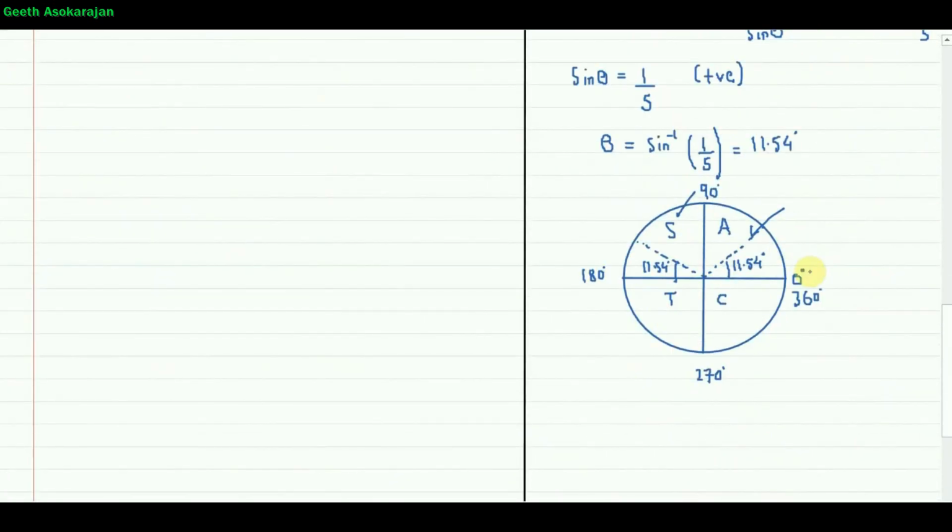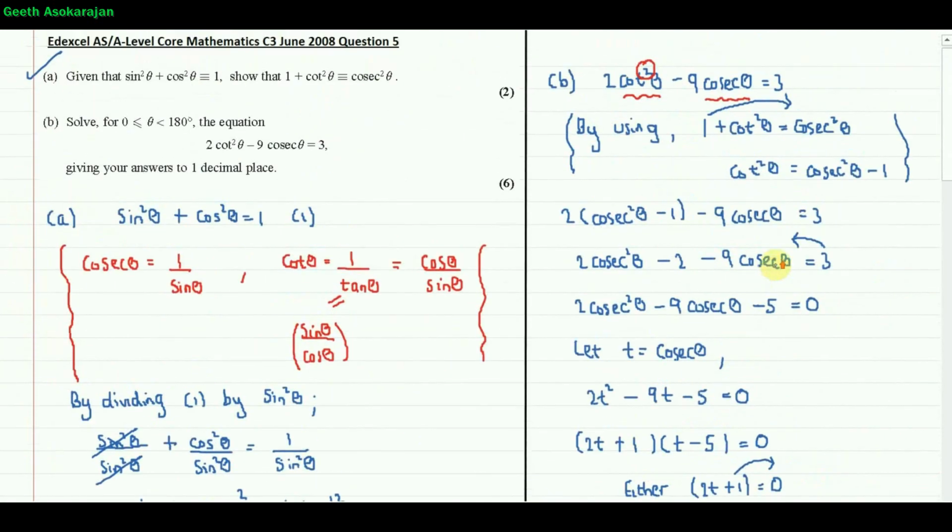So looking at this diagram and also bearing this in mind, positive solutions or angles are measured from the 0 degree line in the anti-clockwise direction, and for negative solutions we're measuring them from the 0 degree line in the clockwise direction. Now we're looking for positive solutions, so our range is from 0 to 180. So that is, we're looking for positive solutions for theta.